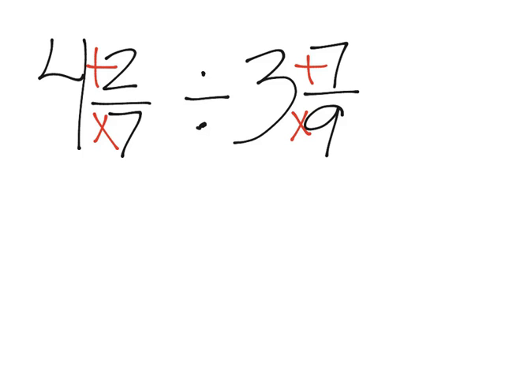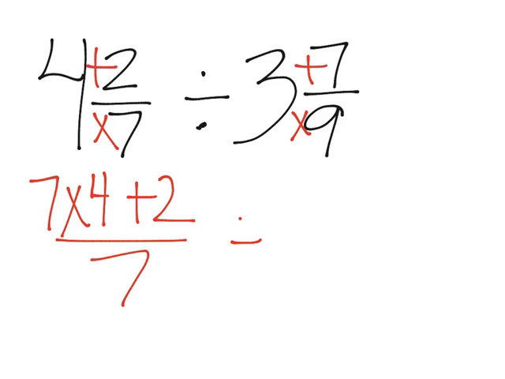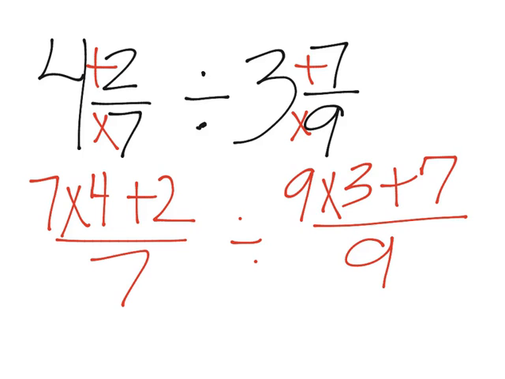So then that would be 7 times 4 plus 2 on this side over 7, divided by 9 times 3 plus 7 over 9 on this side.